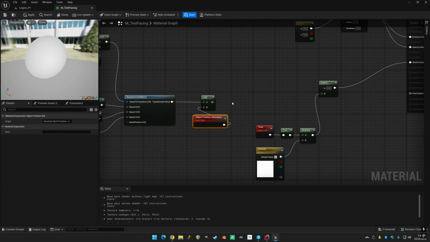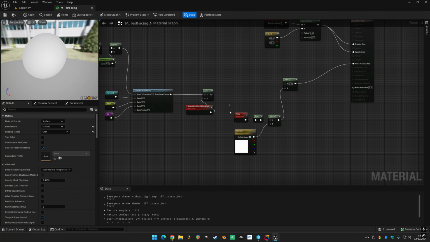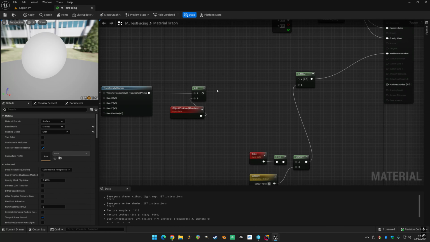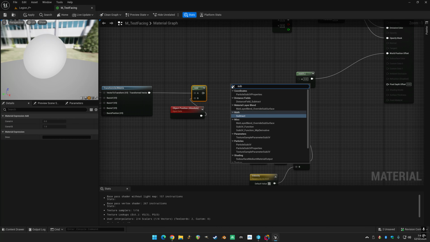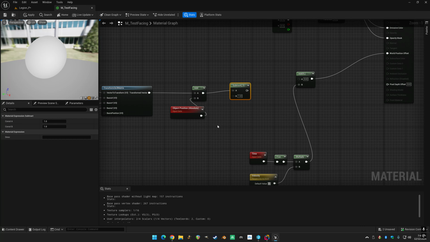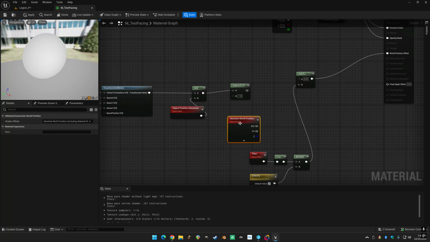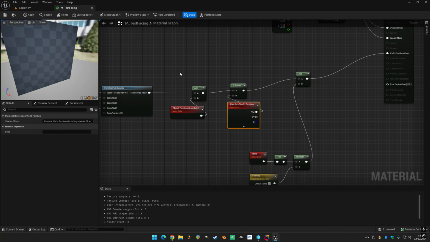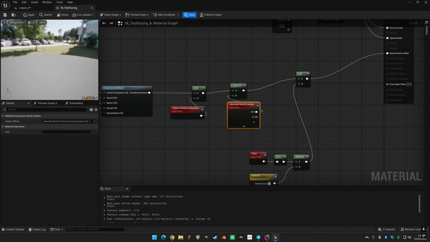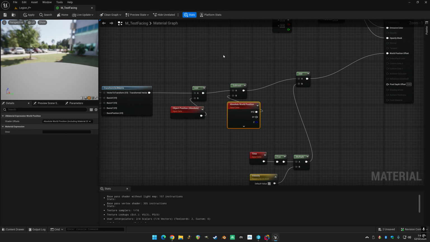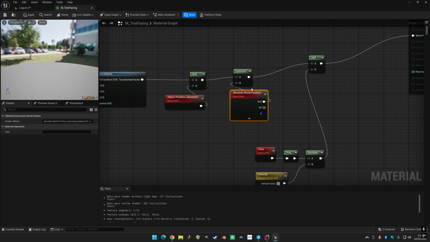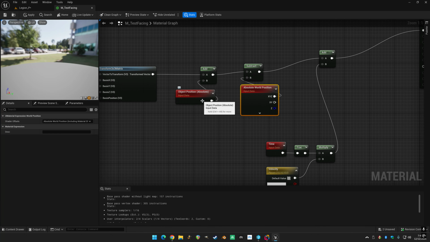And then we're going to have to subtract world position from it to get it to be an offset. Well, something went wrong. Okay, add object position, subtract world position.